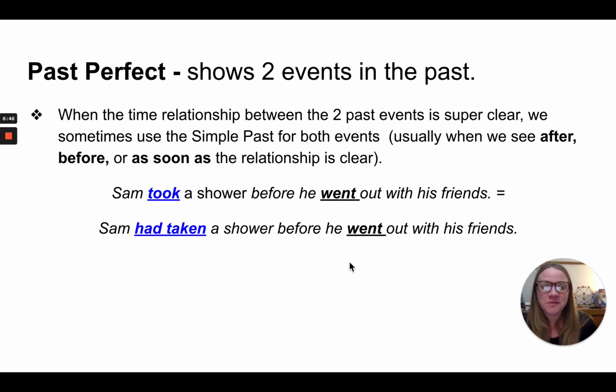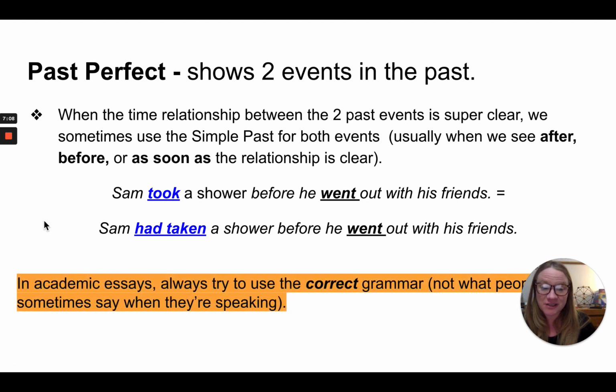There are some times when the relationship between the two events is super clear, right? And in those times, we might use simple past for both events. This is especially true when we're speaking. When we're speaking, we don't use past perfect that much, but when we're writing an academic essay, right, we definitely want to use the correct grammar, meaning use the past perfect to show that's the first action, right?